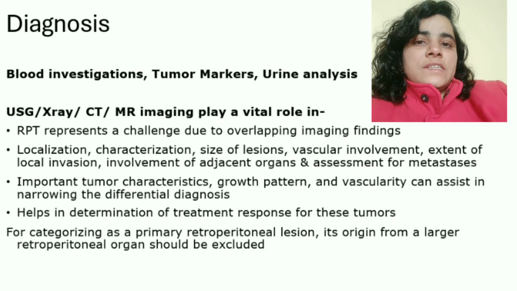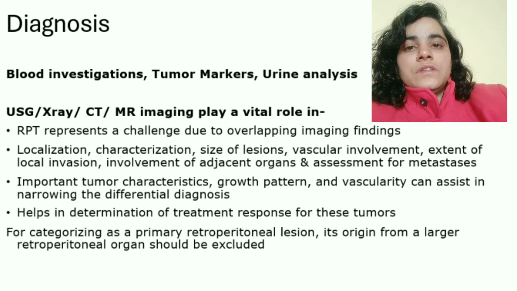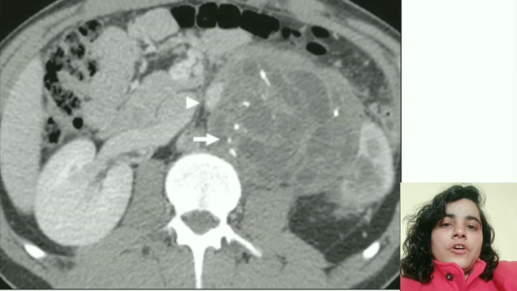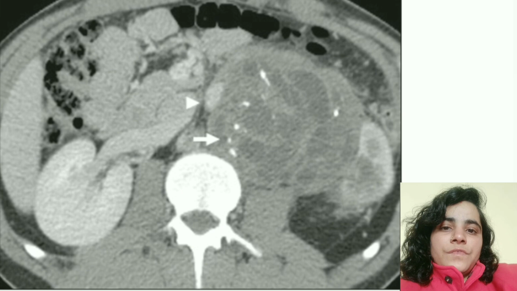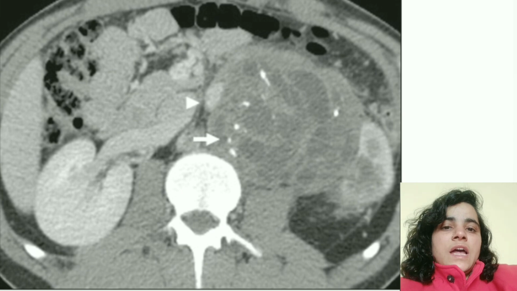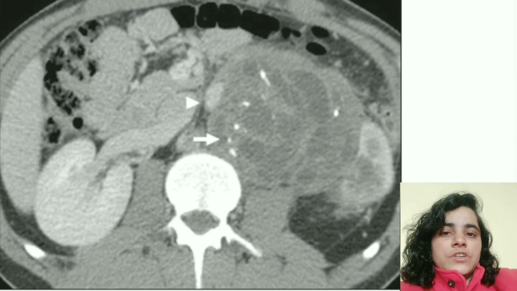For categorization as a primary retroperitoneal lesion, remember that we should rule out any origin from the larger retroperitoneal organ. On imaging, whether the tumor is solid, cystic, macroscopic fat, calcification, myxoid stroma, necrosis, and area of vascularization should be properly assessed. Relationship of the adjacent structure and the invasion or spread or the pressure effects should be seen.